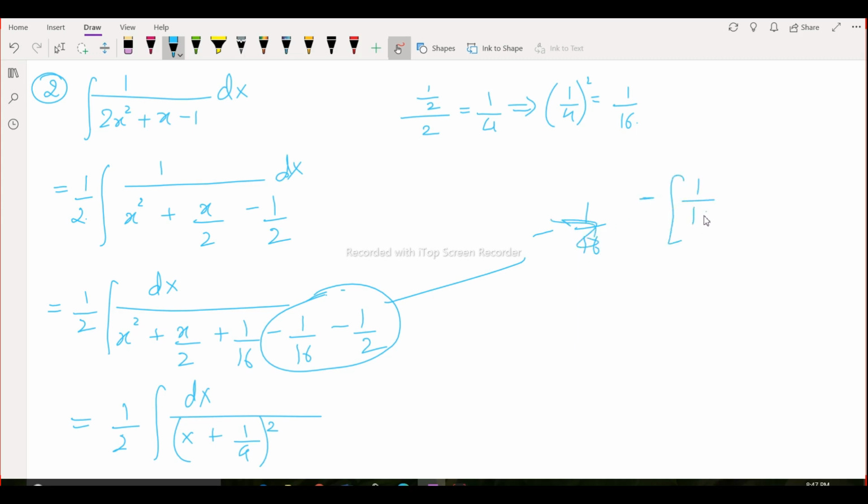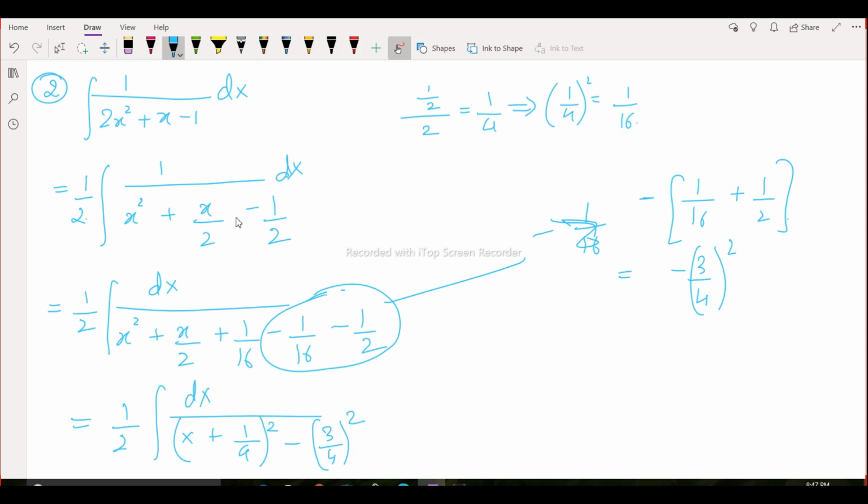I'll write minus common 1 by 16 plus 1 by 2. You take the LCM and you get 9 by 16, because 2 eights are 16... the denominator will be 16, and in the numerator 8 plus 1 is 9, so you get 3 by 4 the whole square. So this is minus 3 by 4 the whole square.